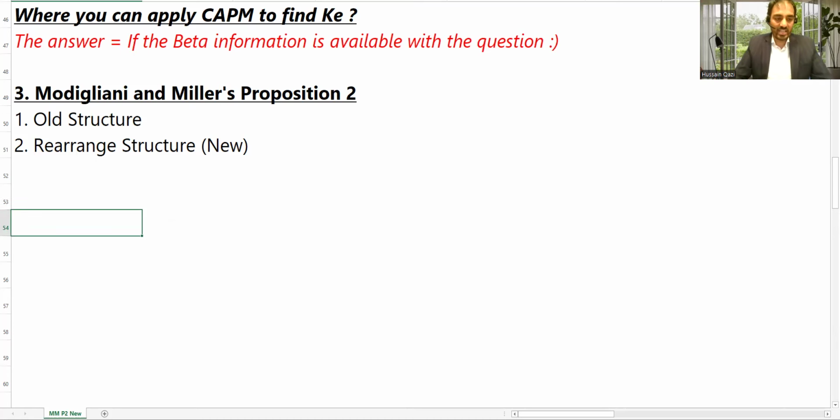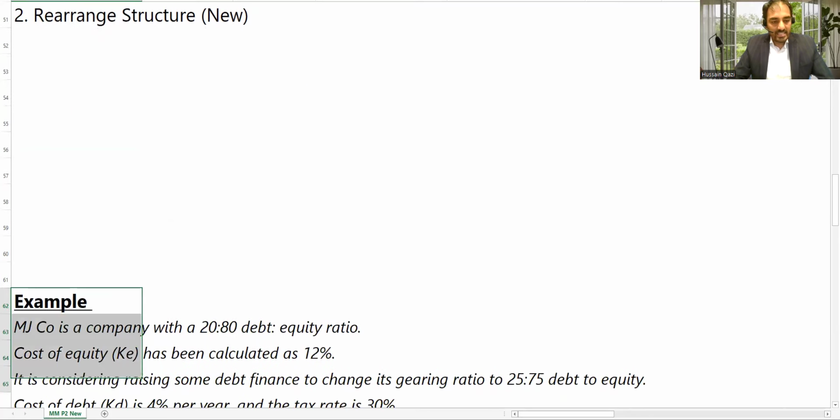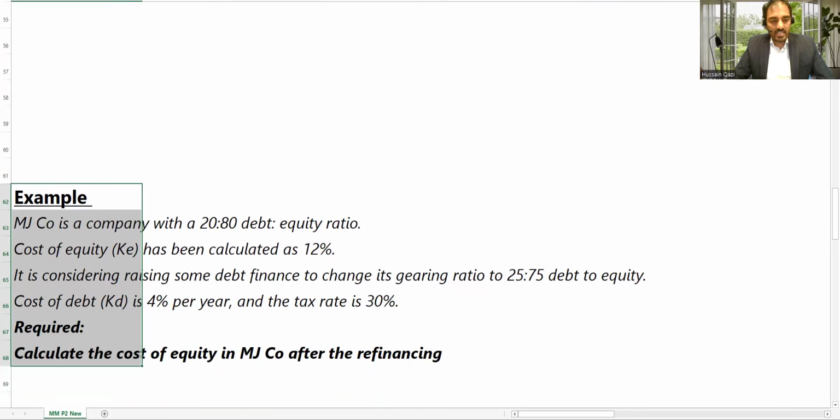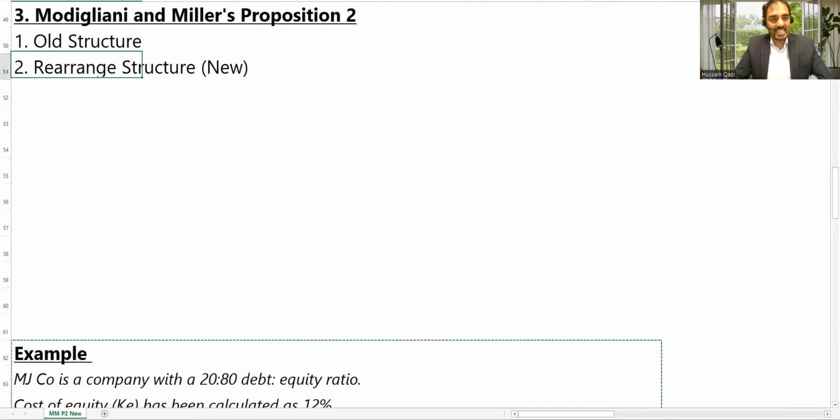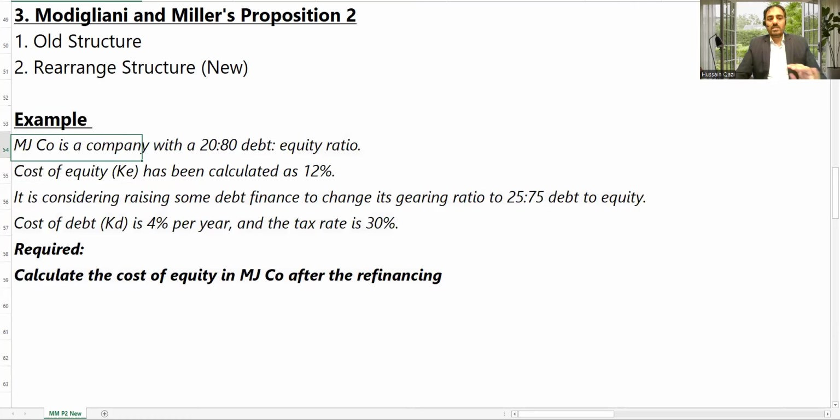So let's take one example. First of all, read this example very carefully. MJ Co is a company with a 20-80 debt equity ratio.